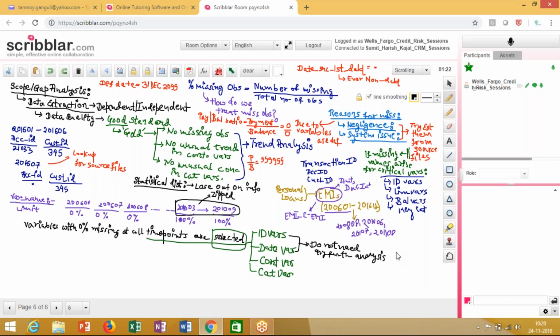Now the next part is continuous variables. What are continuous variables? Variables like limit, balance, then EMI, then rate of interest, etc. These are all continuous variables. For the continuous variables, we need to perform a proper univariate analysis. Why are we performing a univariate analysis?